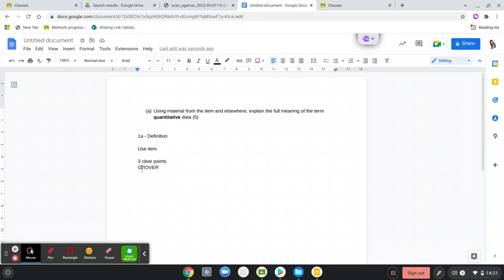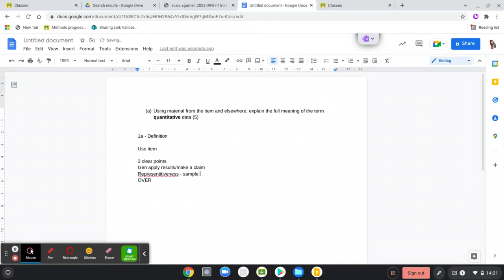To remind you, the G is generalizability, the ability to apply results or make a claim. Its partner, they always go together, is representativeness.